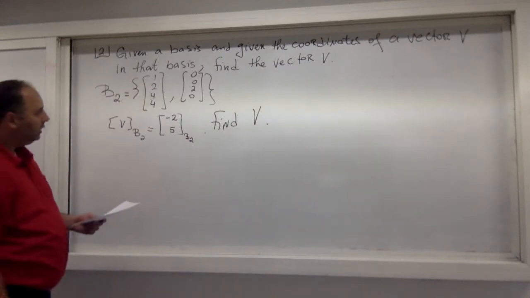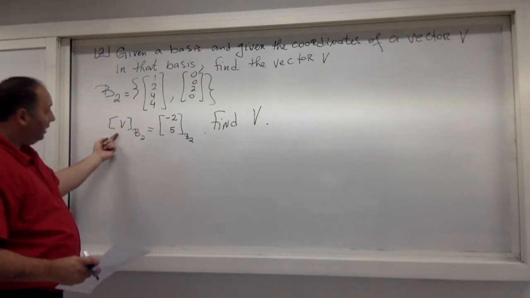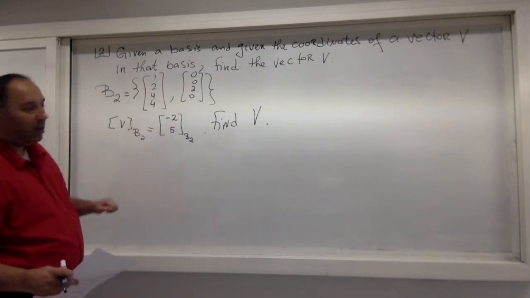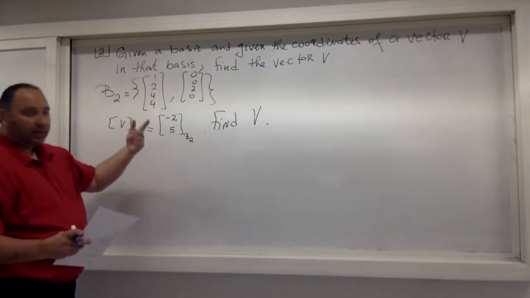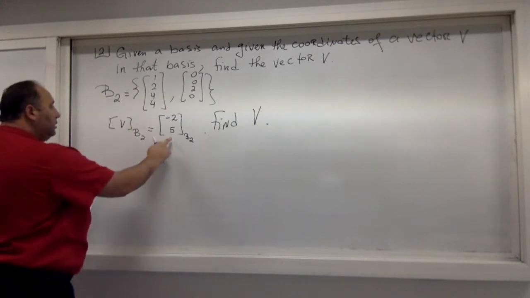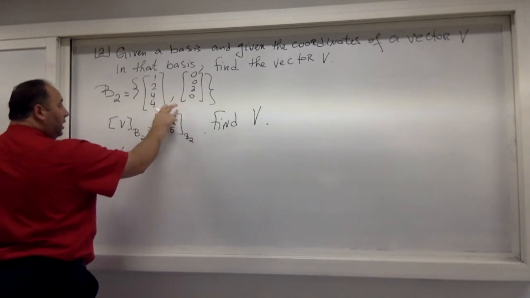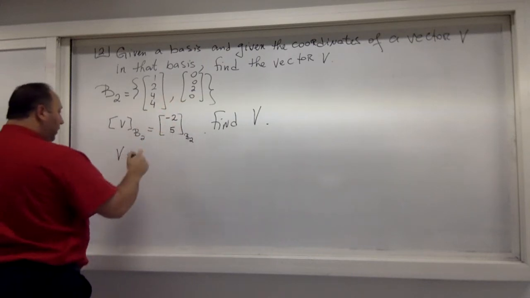Well, all you need to do is think for 2 seconds, and this says the coordinates of v are -2 and 5 in this basis B1, B2. So what does this mean? You just need to translate and you're good. This means that v is actually a linear combination of these two basis vectors, and the coefficients are -2 and 5.